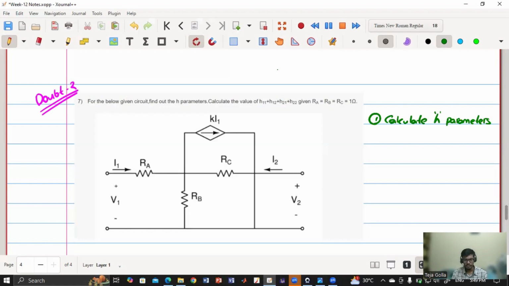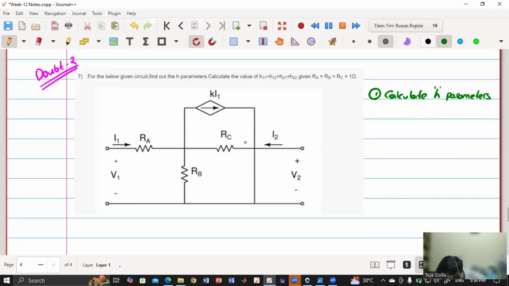If you see Z parameters or Y parameters, for the easiest example, I am saying Z parameter is voltage by current when the other current is zero, so we open the terminal and then find the voltage and current. Maybe I'll write.